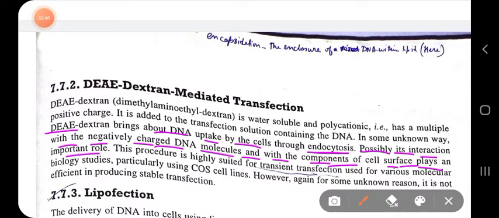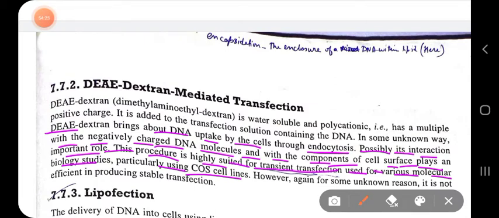Due to this interaction, the DNA can penetrate inside the target cells by the process of endocytosis. This procedure is highly suited for transient transfection used for various molecular biology studies. That means for temporary transfection in the laboratory, this type of technique is normally employed, particularly using COS cell lines.